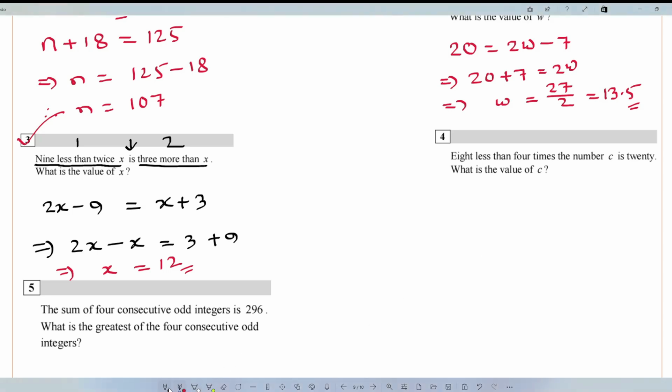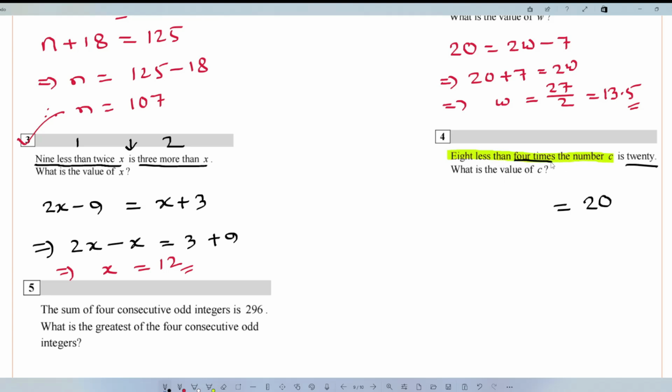Number 4. 8 less than 4 times the number c is 20. So again here is the equal sign, this 20 equals 8 less than 4 times the number c.